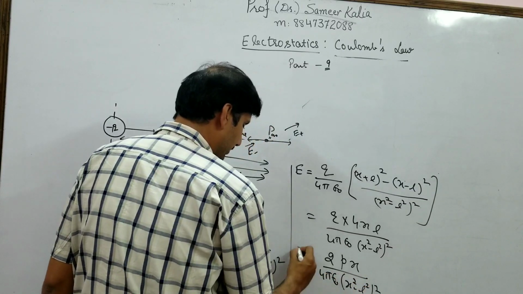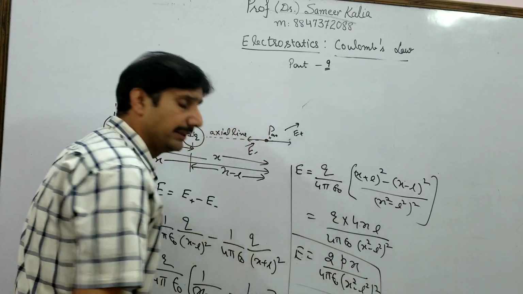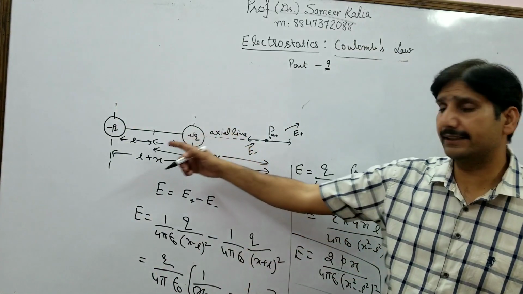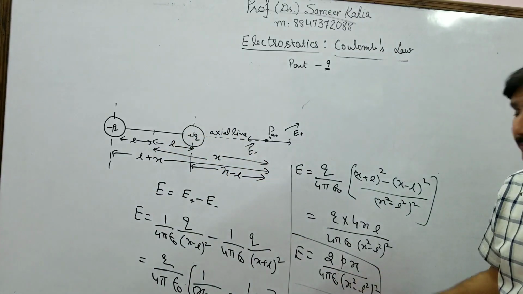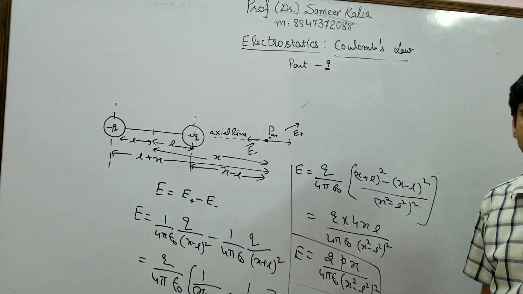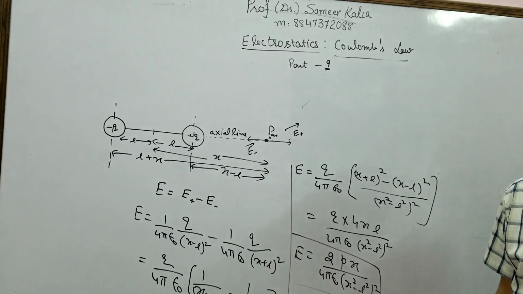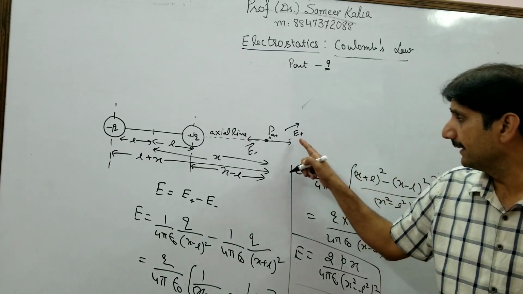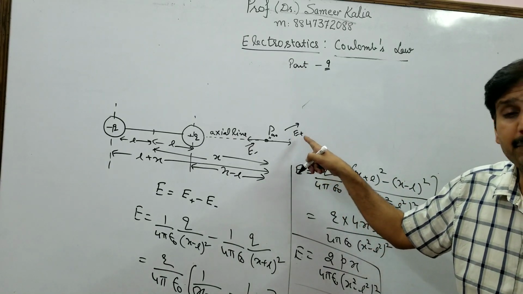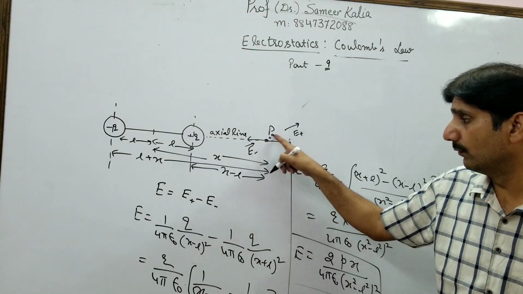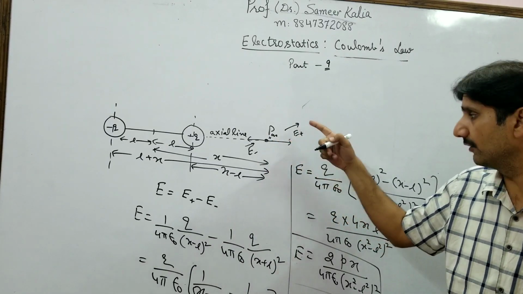The electric field at a point P lying at a distance x from the center of the dipole is given by this expression, that is 2pX over 4 pi epsilon naught X square minus L square whole square. What is the direction? Since this E plus vector is bigger than E minus vector, the overall subtraction will have the direction of E plus.